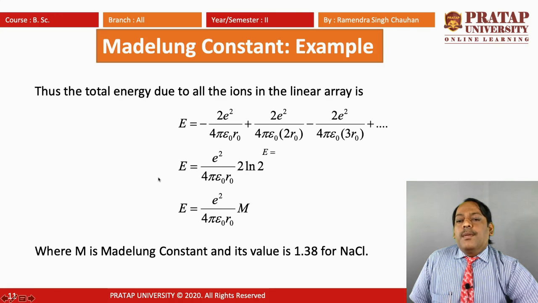And so we will have E equal to E square upon 4 pi epsilon naught R naught times 2 ln 2, where this value 2 ln 2 will be equal to m, and we will find that E is equal to E square upon 4 pi epsilon naught R naught times m, where m is the Madelung constant, and for sodium chloride the value of m is equal to 1.38. So in this case we can determine the Madelung constant, and that comes out to be 1.38.